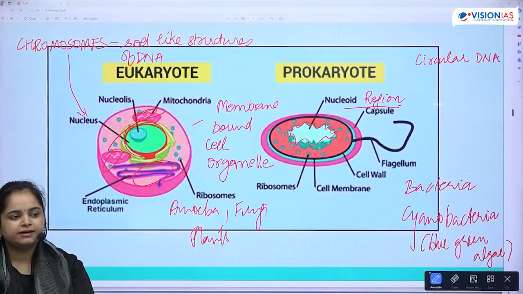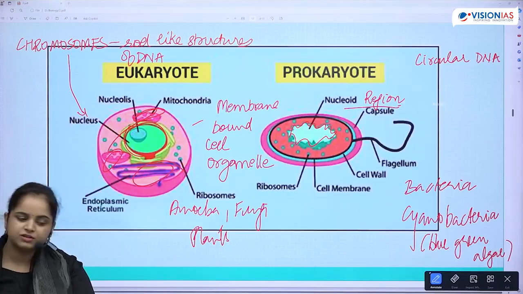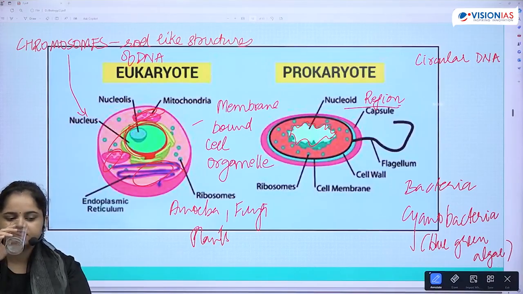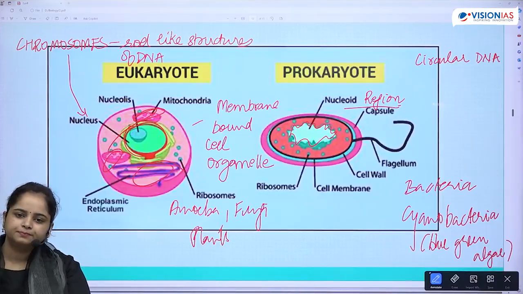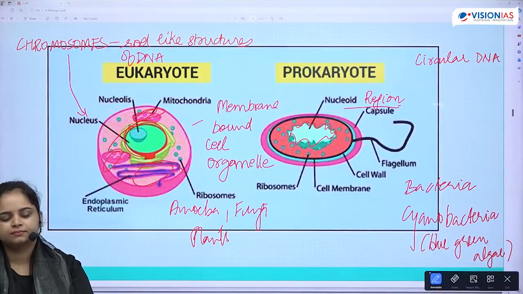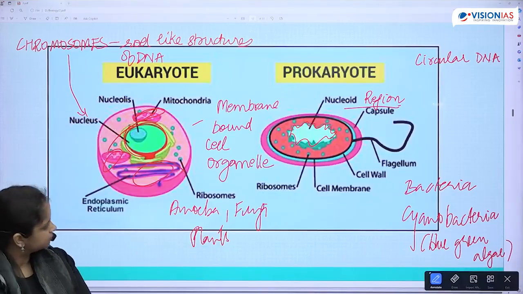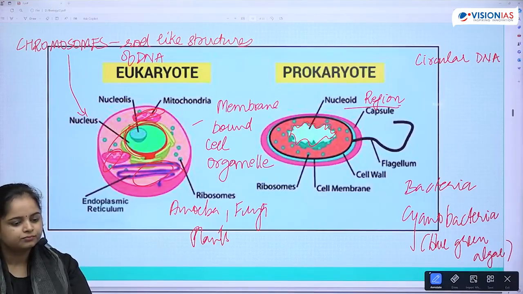The genetic material DNA is circular and is present in the nucleoid region. Then you can write examples, bacteria and cyanobacteria.